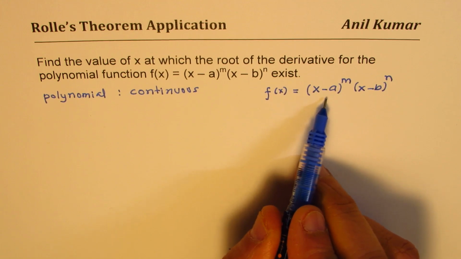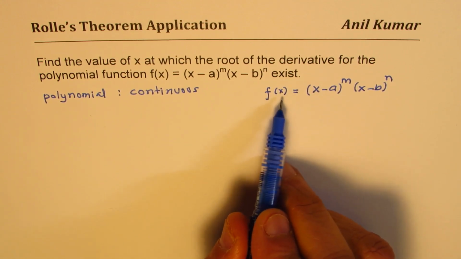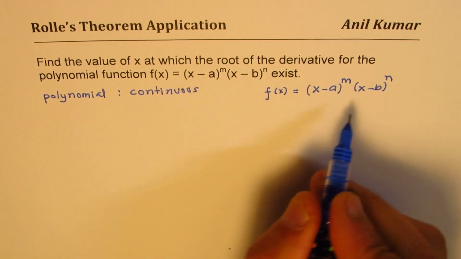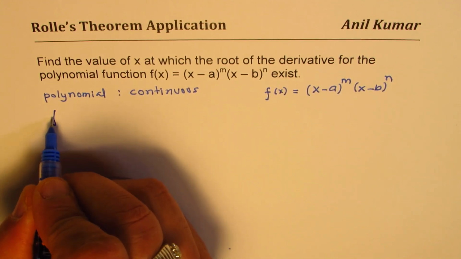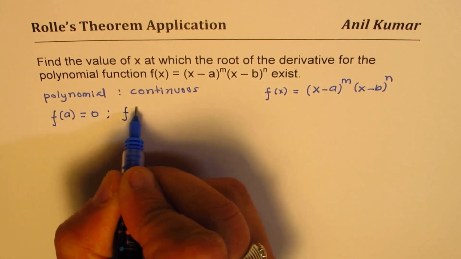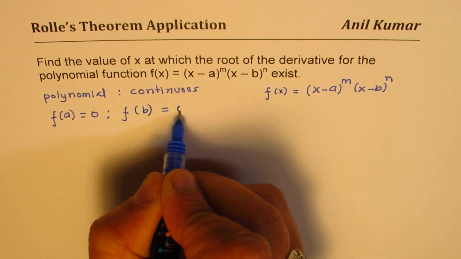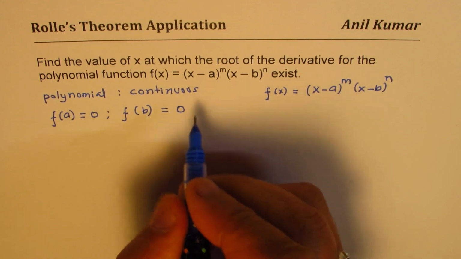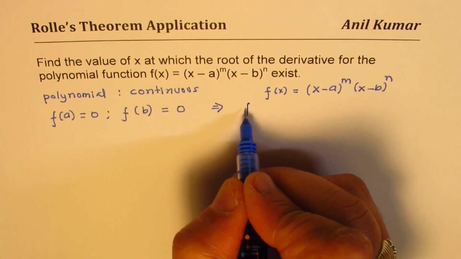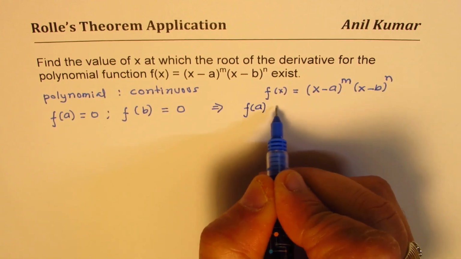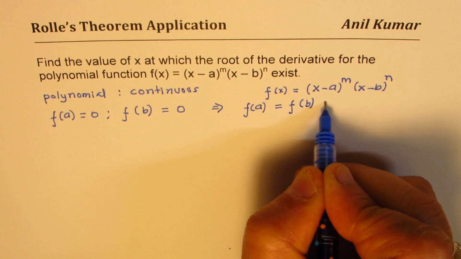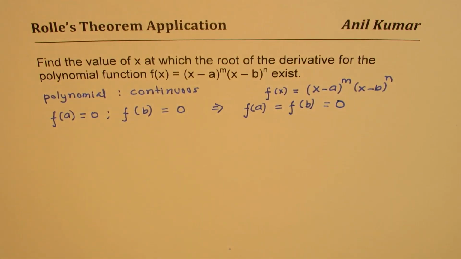We also note here that the value of the function at a is 0 and the value of the function at b is also 0. Correct? That gives you the idea that we have 2 points with same value on the function. So f of a is equal to f of b and both are equal to 0, right?